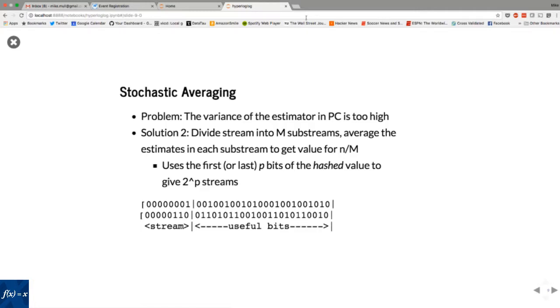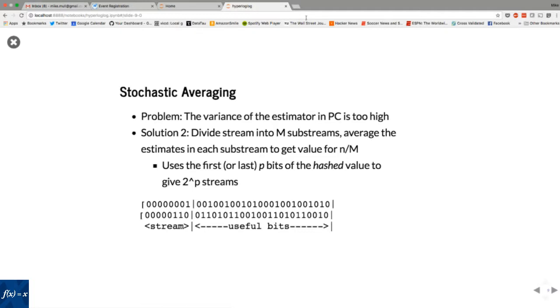So basically you're dividing the data set into a certain number of subsets, and then you're using the remaining bits to calculate the cardinality of that subset. Your hope is that the cardinality of each subset is roughly the cardinality of the whole set divided by the number of subsets. This method they call stochastic averaging.